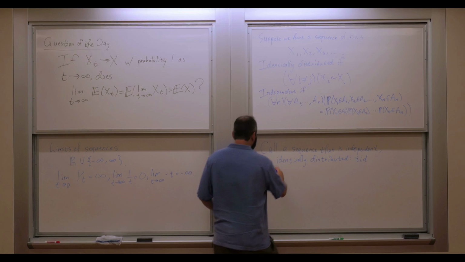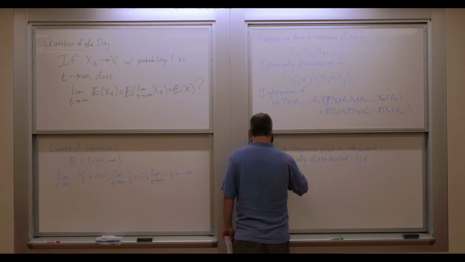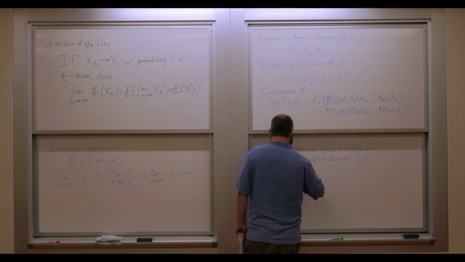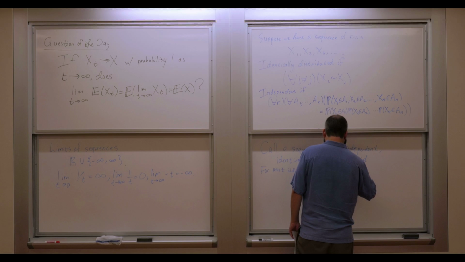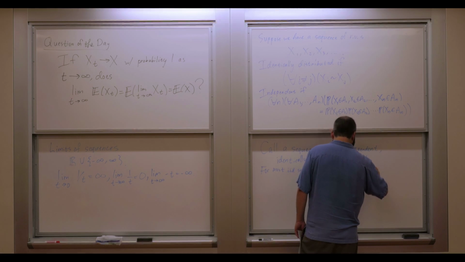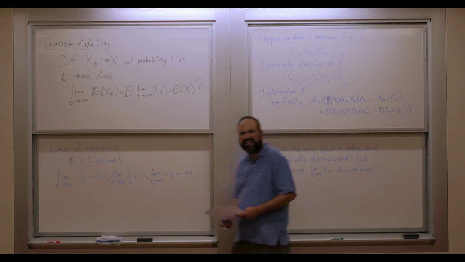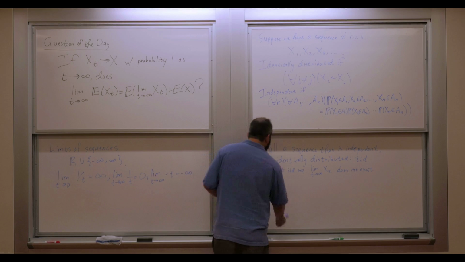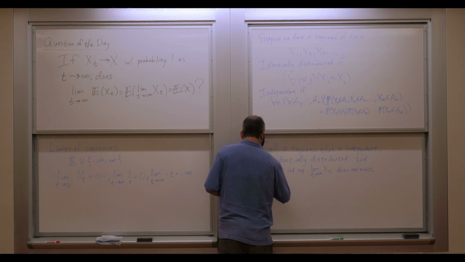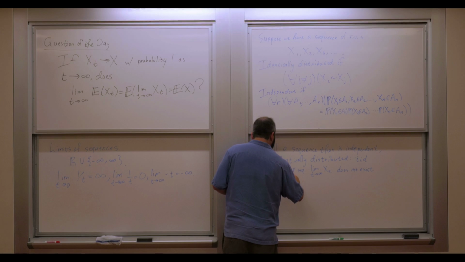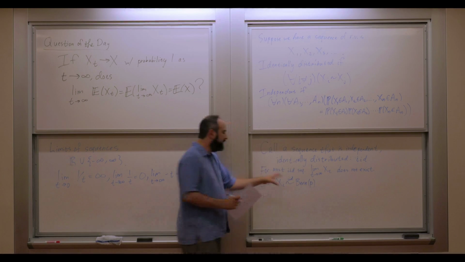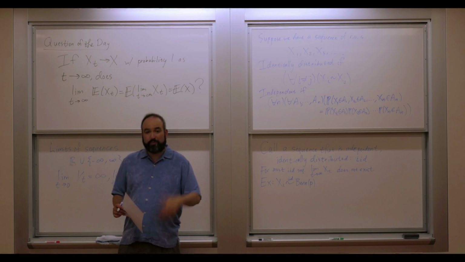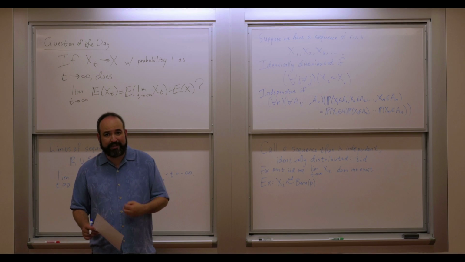Now for most IID sequences, the limit as t goes to infinity of x of t does not exist. Why is that? Well, let's suppose that we're dealing with a set of variables x of i, which are IID Bernoulli with parameter p. So each one of those x of i's is either 0 or 1, and it's 1 with probability p.